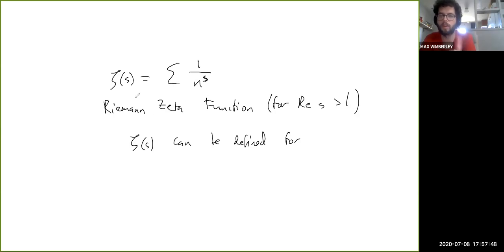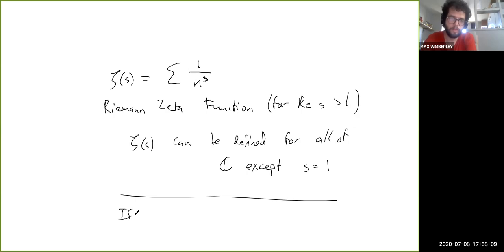The integral test is the most common way to show that these values converge when s is a real number. Hold on, so this is for all of C except s equals 1.